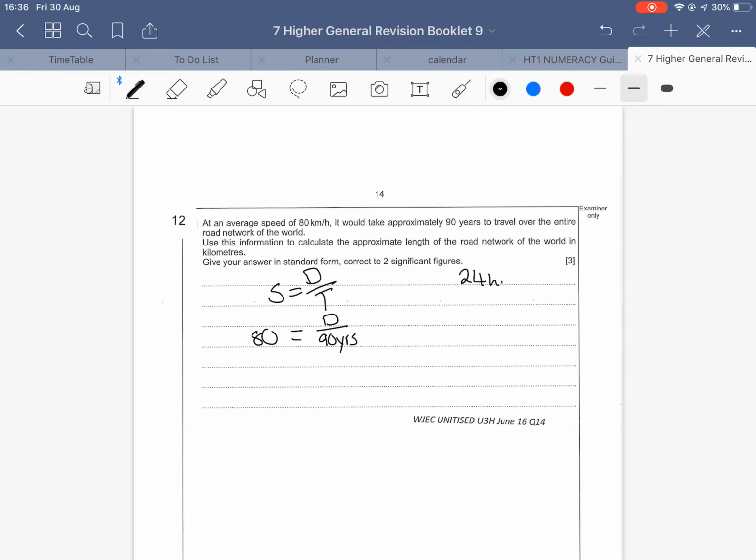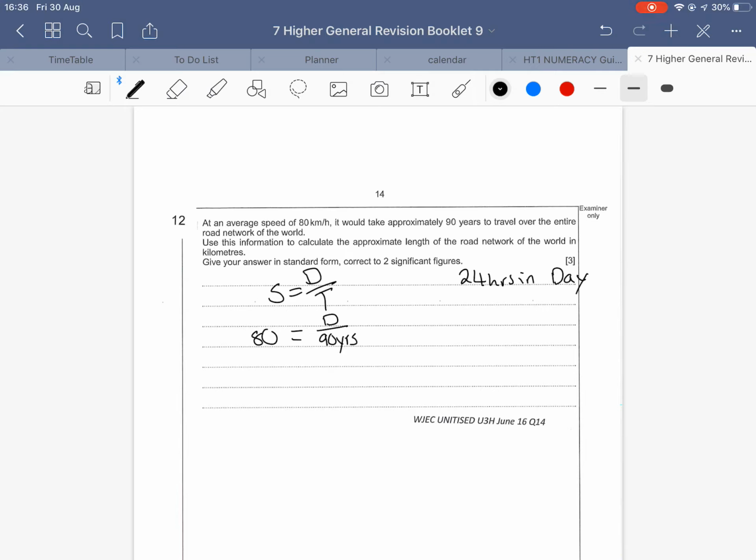If there are 24 hours in a day, now you could do this a little bit differently. I'm going to put it into years and ignore the fact that we've got leap years. You could probably put it into weeks, which is probably best, and that won't incur leap years. So you might get a slightly different answer, but when you simplify it at the end, we get the same answer.